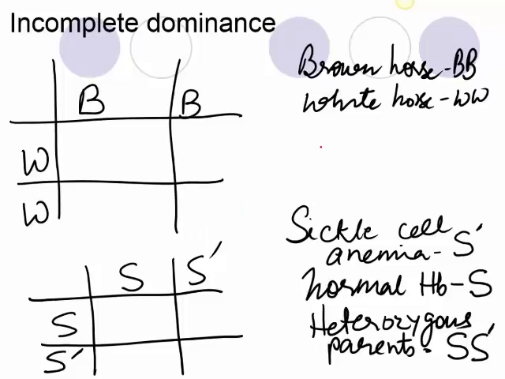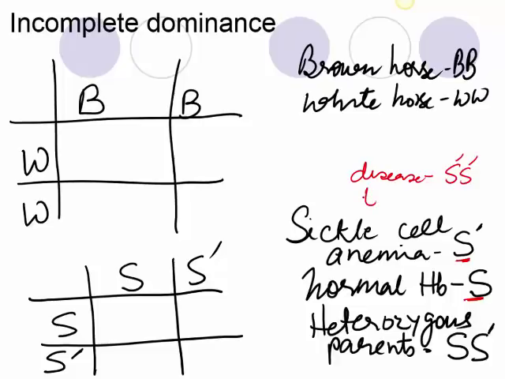Let's see sickle cell disease. The normal hemoglobin is represented as S. The gene for sickle cell anemia is represented as S dash. Okay? In order to have the full-blown disease, it should be like this.